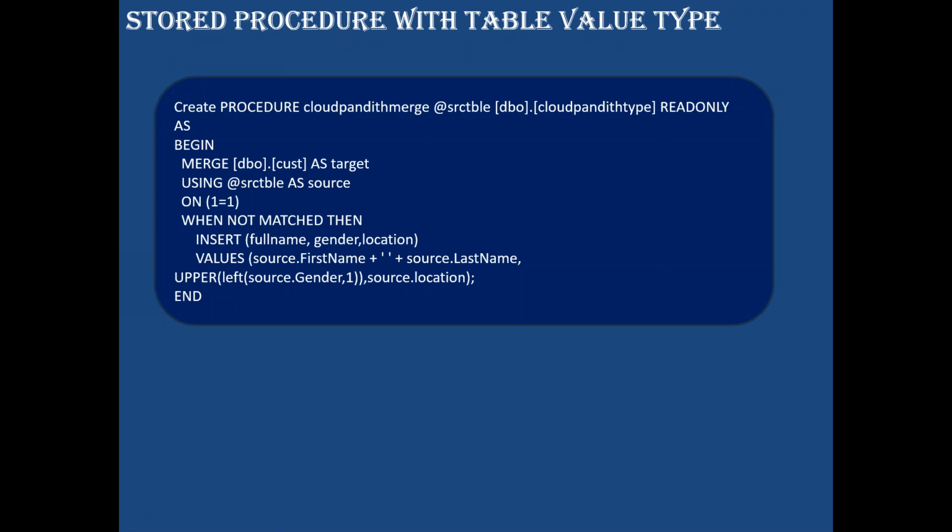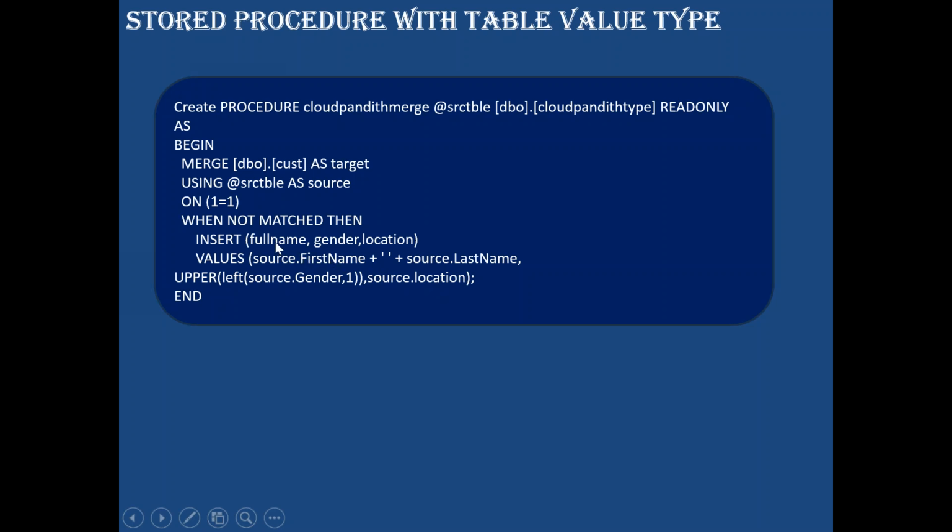So I am not taking the updates, I'm just considering them as unmatched, meaning I'll be loading them into the target table. So insert into full name, gender, location. These are the columns from the customer table. So to load the data into the customer table, I am using the values of the Cloud Pandit type, table type. Okay, so in the table type, I have a schema where I have first name, last name, gender, location.